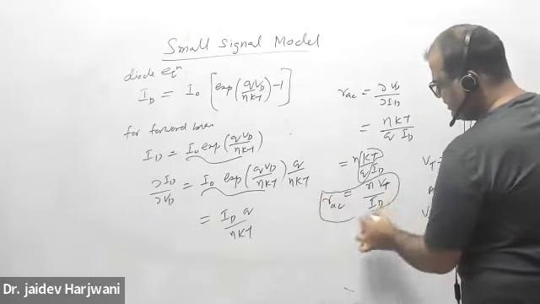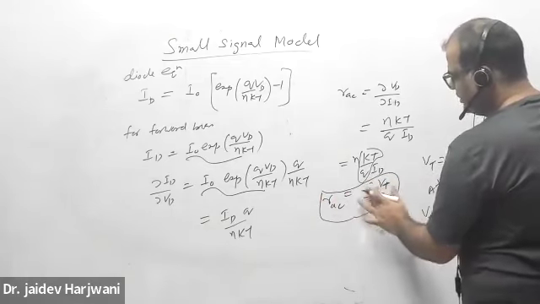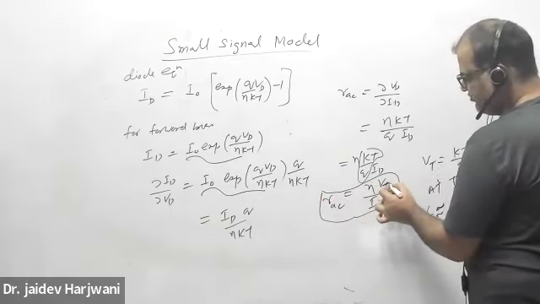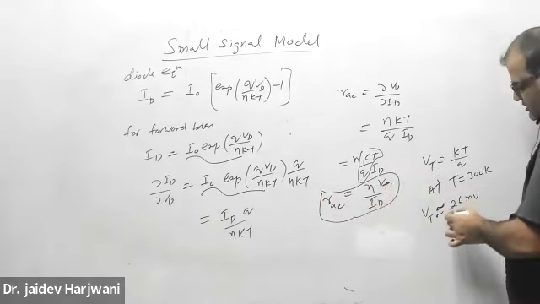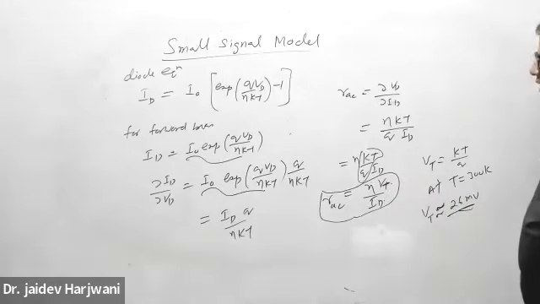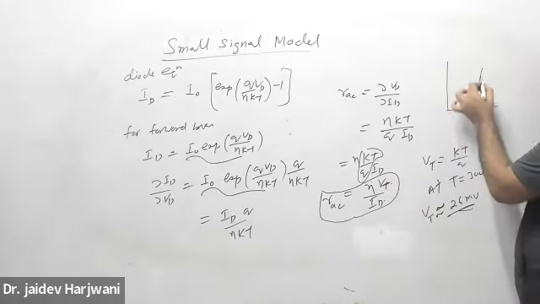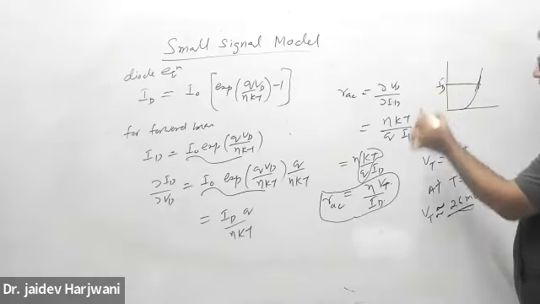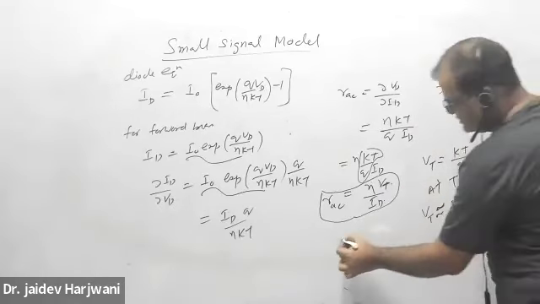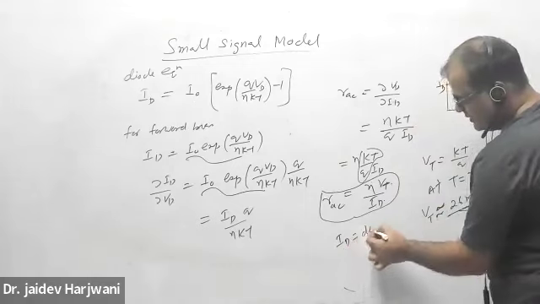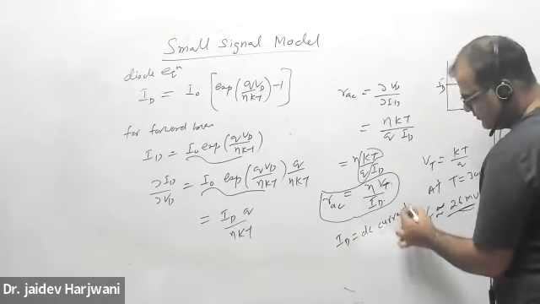Now, eta will be given in the question, whether it is 1 or 2. For room temperature, VT is 26 millivolt, and ID is the current across which you are shifting the point. ID is a DC current.